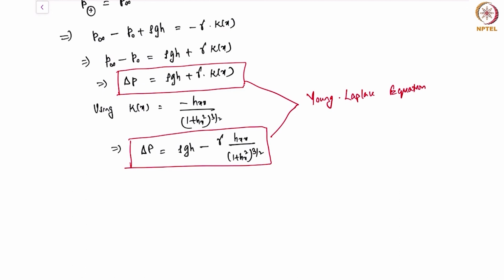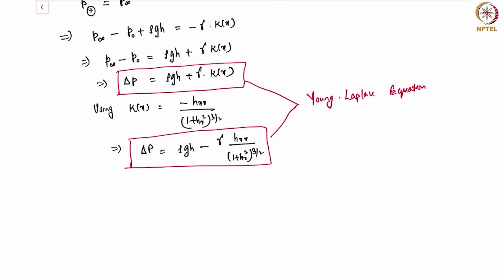We've got a variation of pressure because of gravity. So in the absence of surface tension, if surface tension was identically zero, then the variation of pressure is only because of gravity. That's what this effectively reduces to.